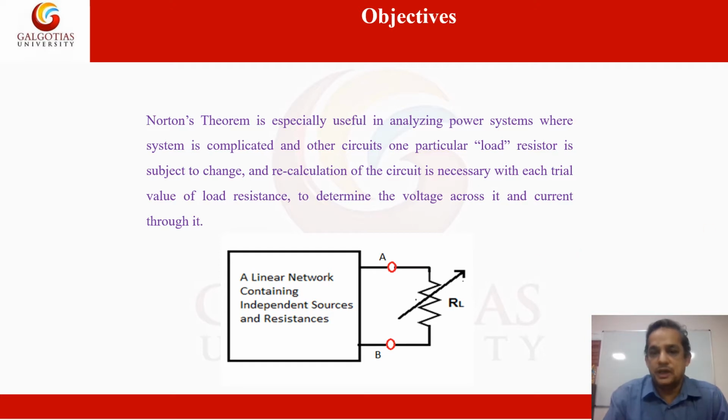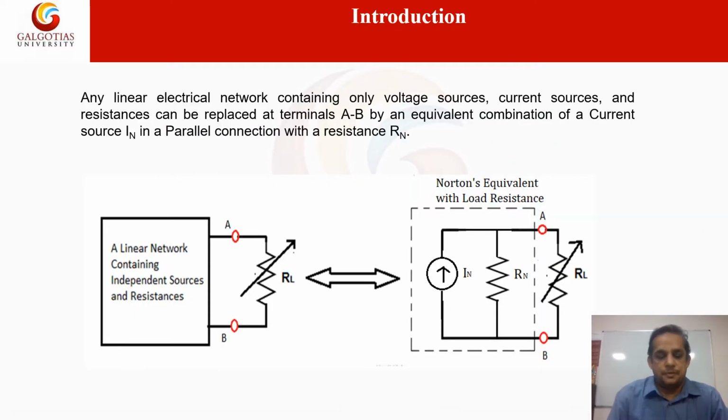Okay, now come to the next. Now come to the introduction. Norton said that any linear electrical network containing only voltage sources, current sources and resistance can be replaced at terminal AB by an equivalent combination of a current source IN in parallel connection with resistance RN.